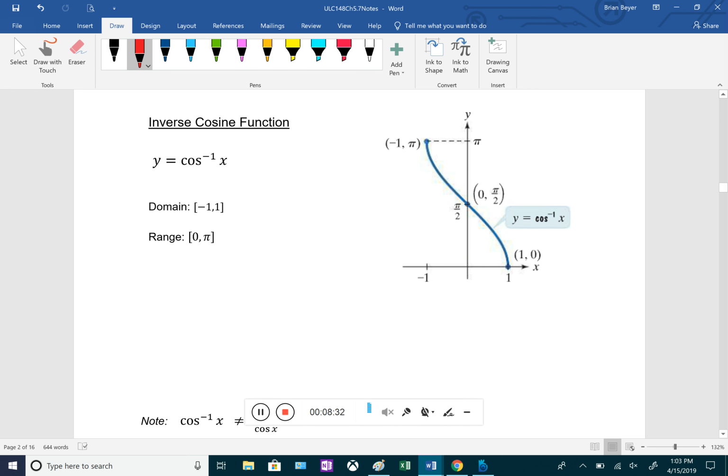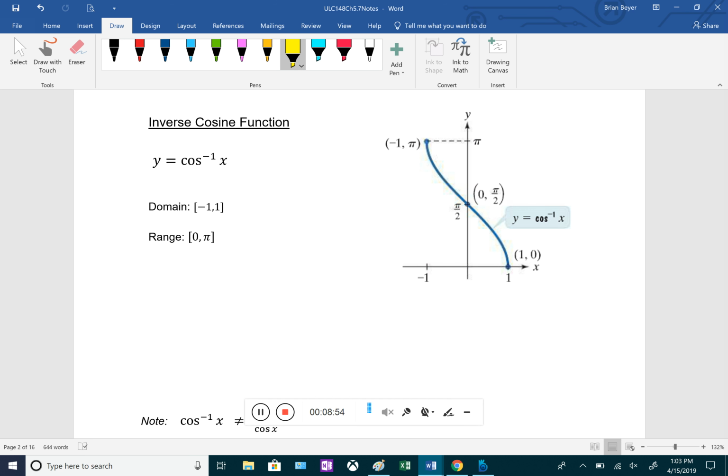So notice that the range of this inverse function for cos inverse of x goes from 0 to pi. So that's the range because that was the restricted domain of cosine. And notice that the domain of cos inverse is -1 to 1 because that was the range of cosine.